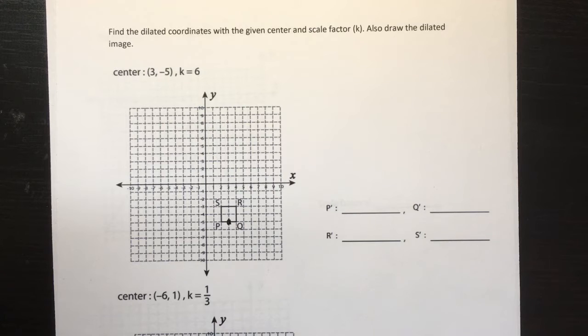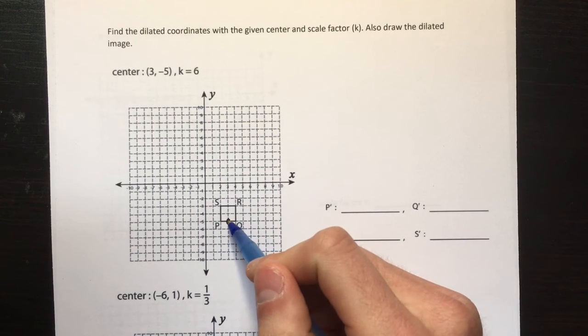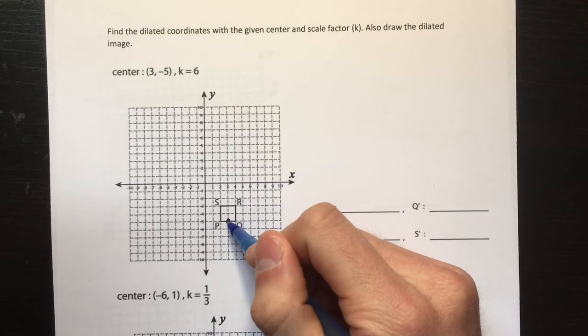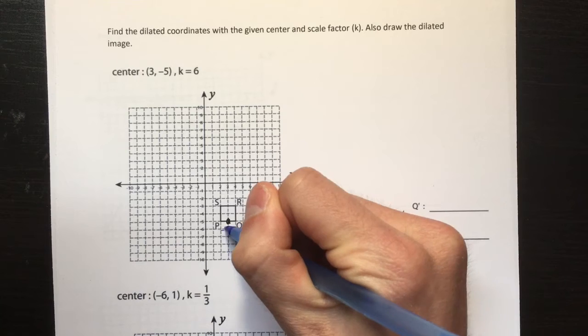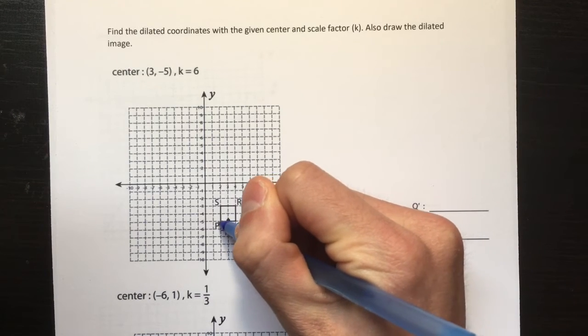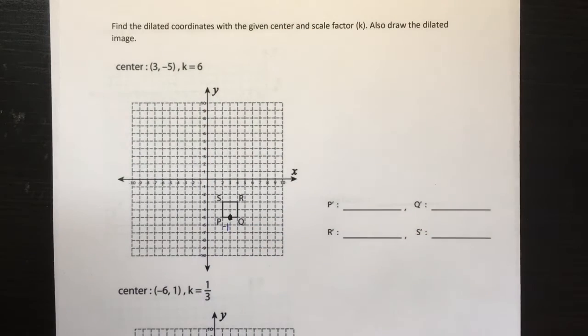Well, let's start by seeing how far away are these points from our center of dilation. Point P is 1 away in the horizontal direction, so -1, because we're going to the left. So -1 times 6 is going to give us -6, which should be our point of P prime.